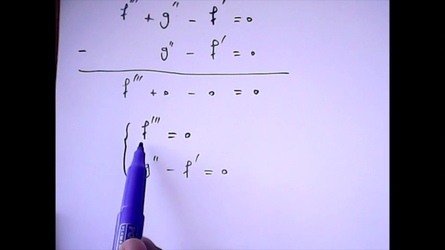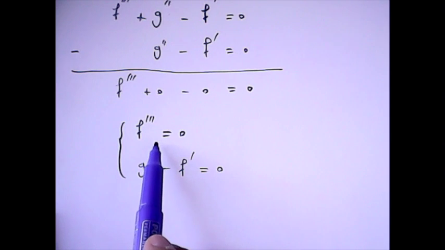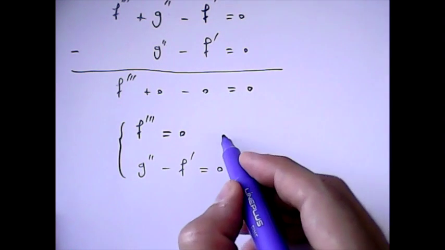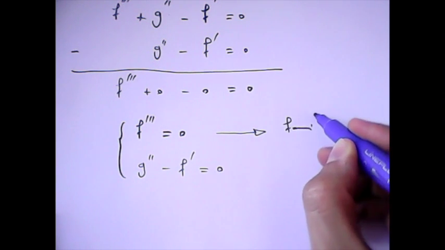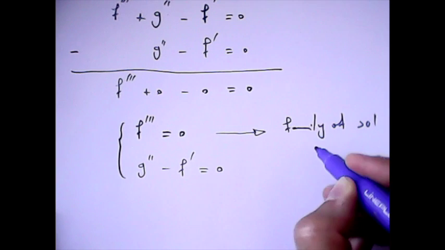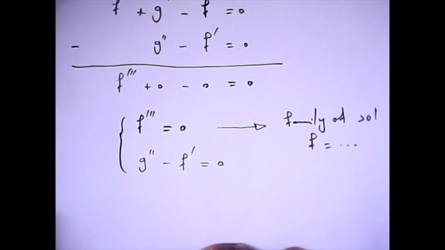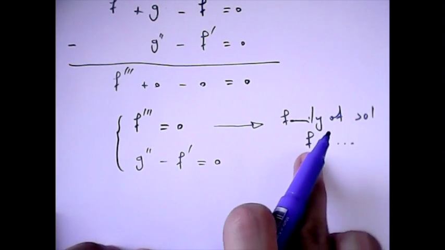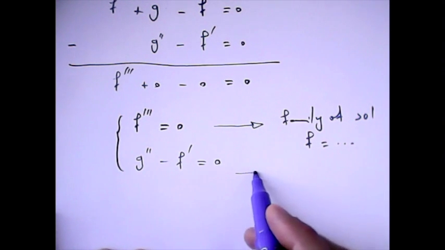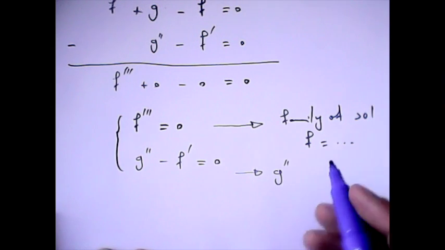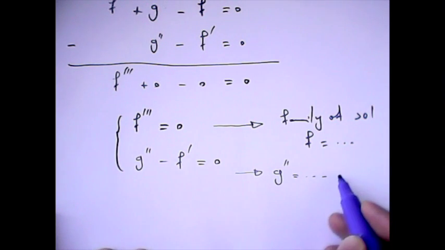We could go ahead and solve the first one, the one on top, first. If we solve for this, we will have a family of solutions of f, with all the unknown constants. I will insert this f right into the second equation, and I will have g double prime equals the value of the derivative of f.